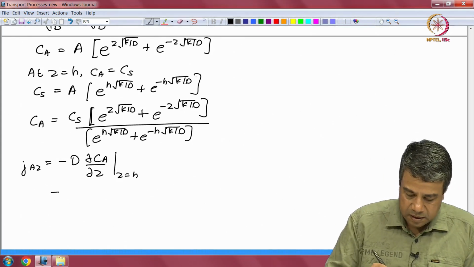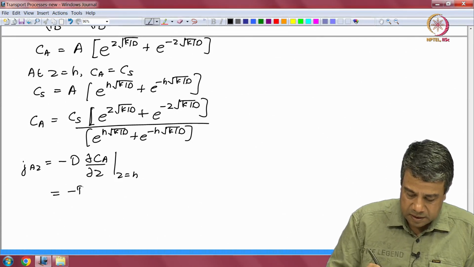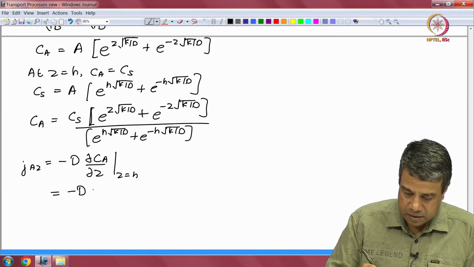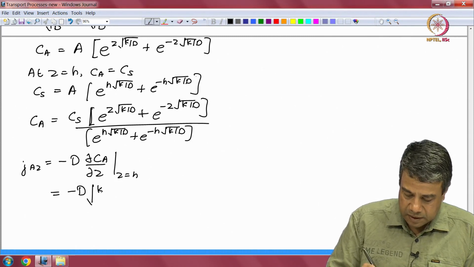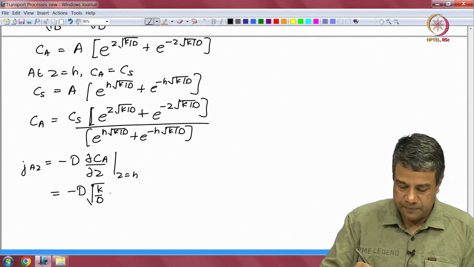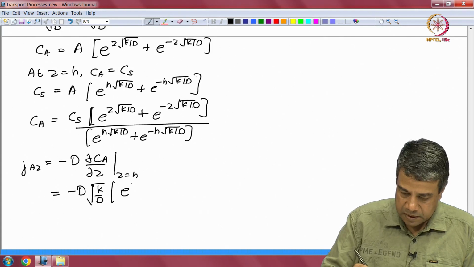So, I can write this as minus d into root of k by d, into e power z root of k by d.